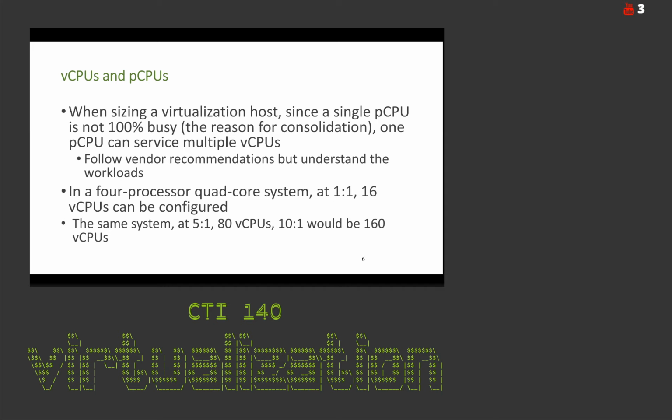So we can run 80 virtual CPUs in a 4-processor quad-core system at a 5-to-1 ratio, or even 160 virtual CPUs on a 4-processor quad-core system. So, that's pretty incredible when you think about it. A 4-processor quad-core server is essentially what we're thinking about there.